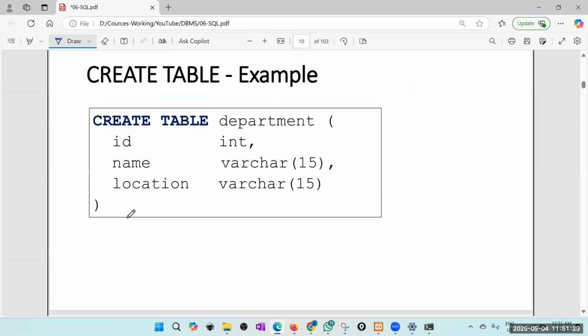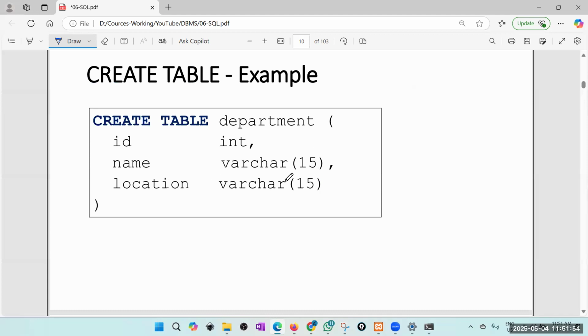Right. So this is a very simple statement to create a table. Create table, your table name, ID is your first field, then name with data type varchar 50. If you are using the varchar data type, make sure you give the size. For other data types, size is optional, but for this, it's sort of mandatory.